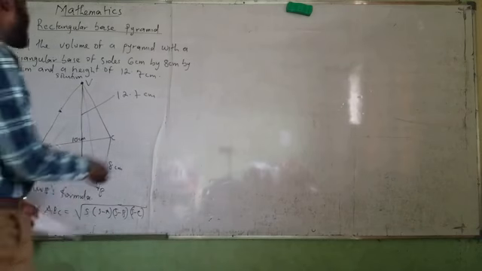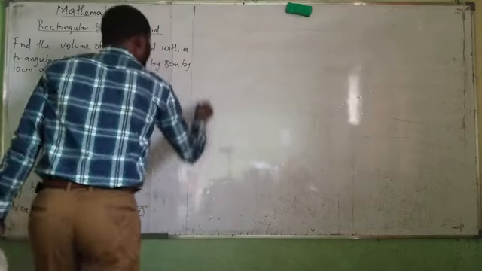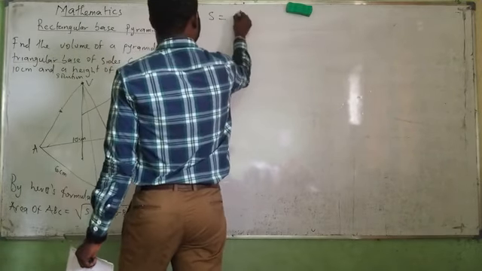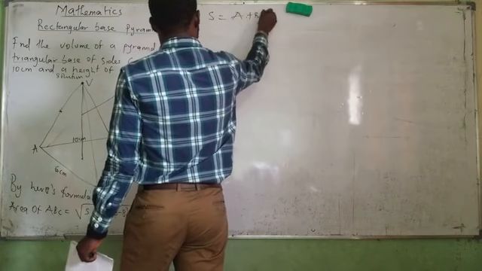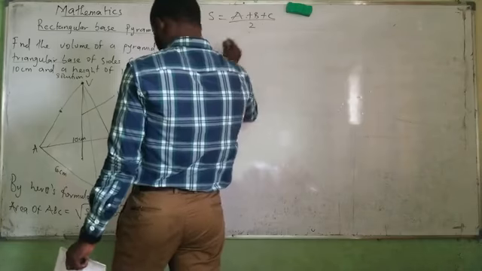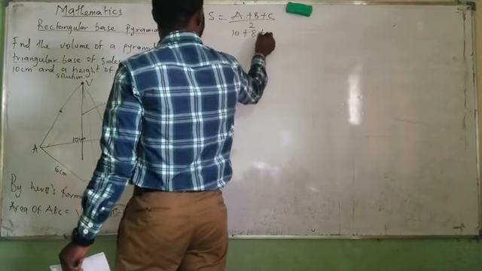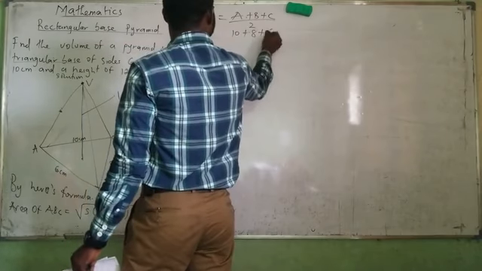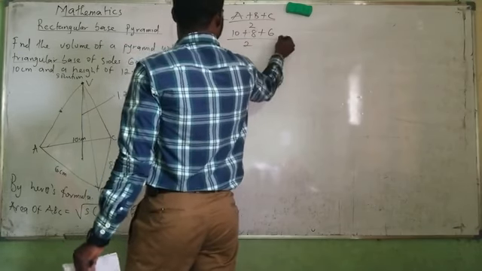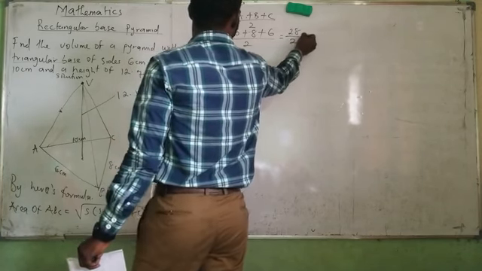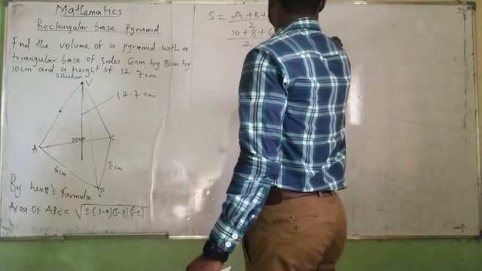Now, s equals a plus b plus c all over 2. That is 10 plus 8 plus 6 all over 2, which is going to be 24 divided by 2, which is going to be 12 centimeter.